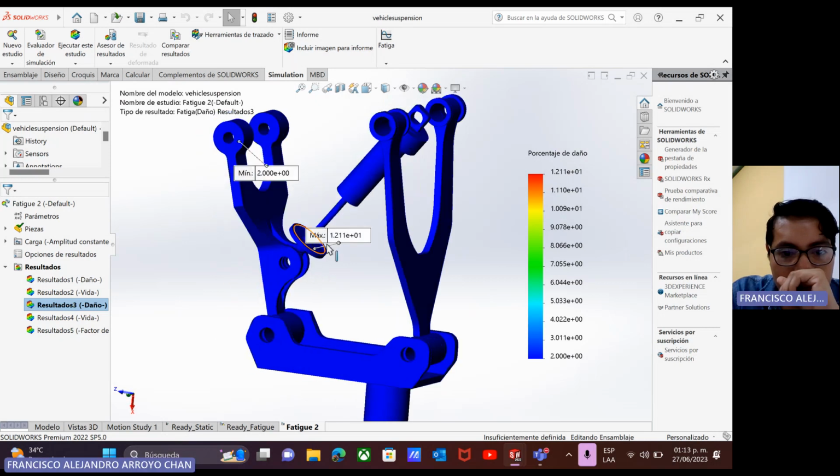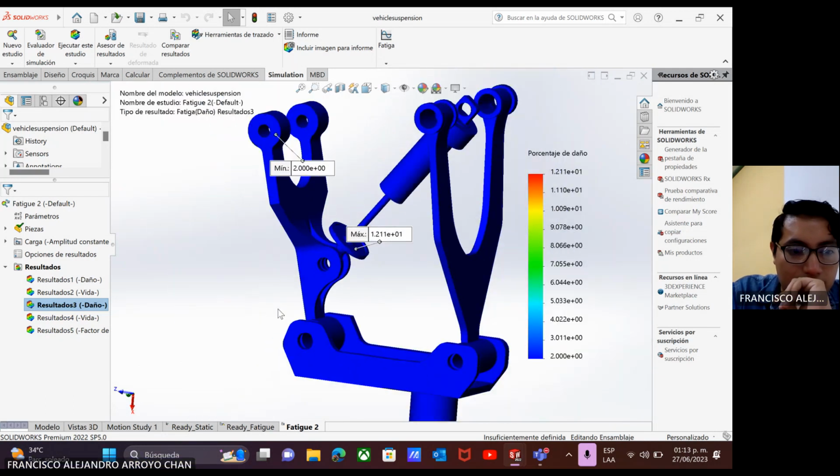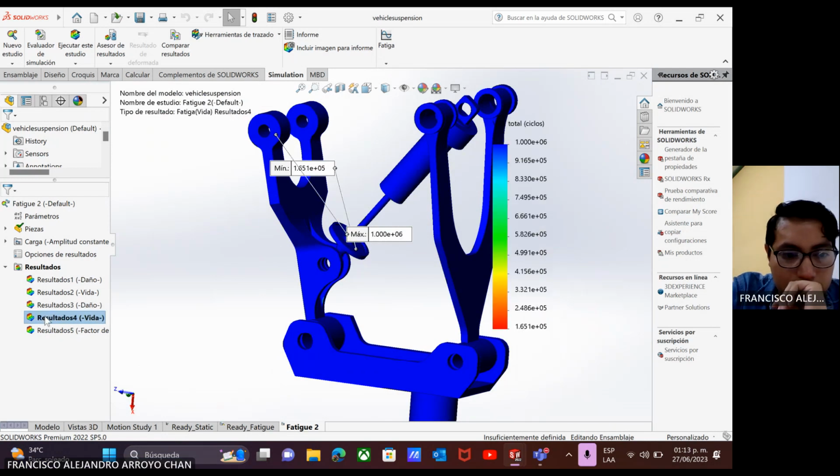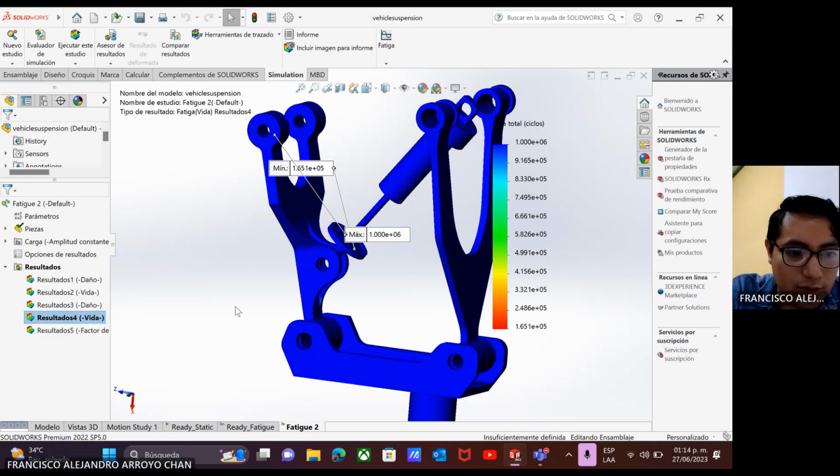The damage in the maximum talks about the fatigue in that point for the resistance. Also, in that point is the life and the support of the life stress.